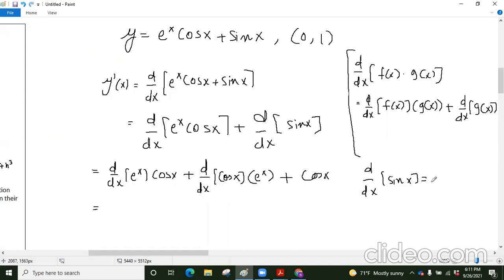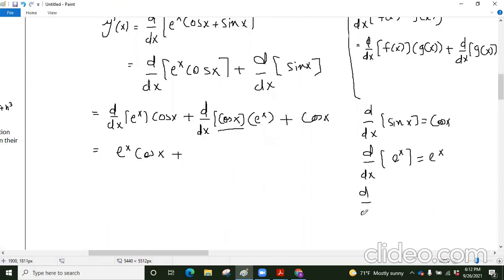We know that the derivative of sine of x is just cosine of x, and you also want to remember that the derivative of e to the x is just e to the x. So the derivative is e to the x multiplied by cosine of x plus the derivative of cosine of x.